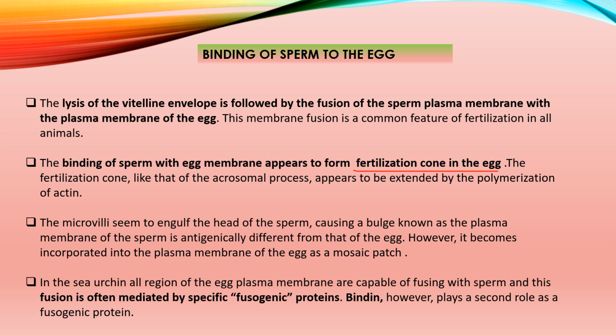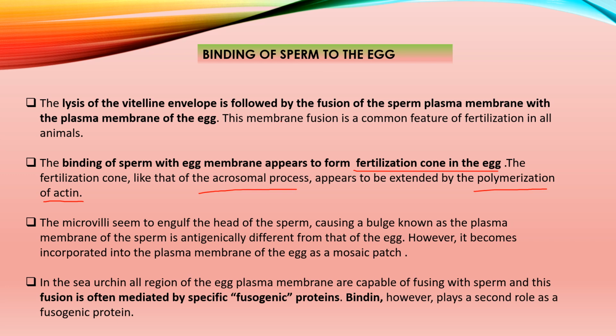When the exocytosis of the acrosomal vesicle takes place, it leads to the lysis of the vitelline envelope of the egg because of the proteolytic enzymes. That leads to the binding of the sperm to the egg, and this fusion forms the fertilization cone. The fertilization cone is like the acrosomal process, and it is formed by the polymerization of actin.